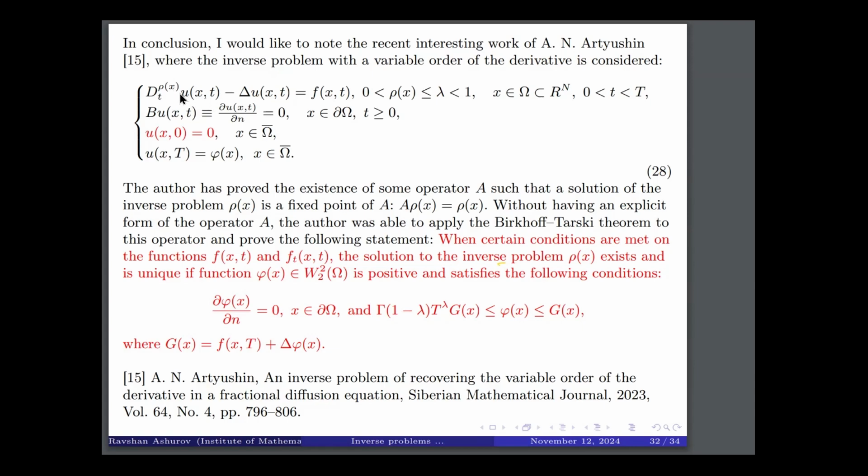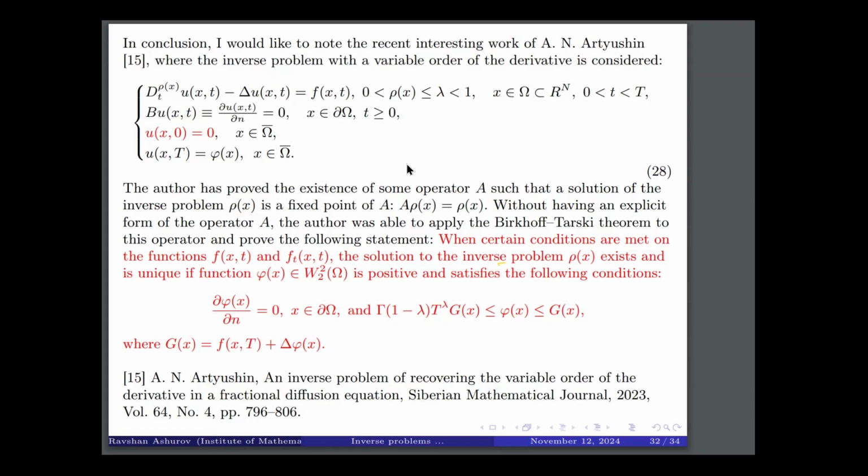This is the overdetermination condition, under some conditions on the right-hand side, and the author proved that if this function phi is from this Sobolev space and satisfies these conditions, then rho exists and is also unique. I think this is the first time the author considered this inverse problem with not constant but variable order of the fractional derivative.